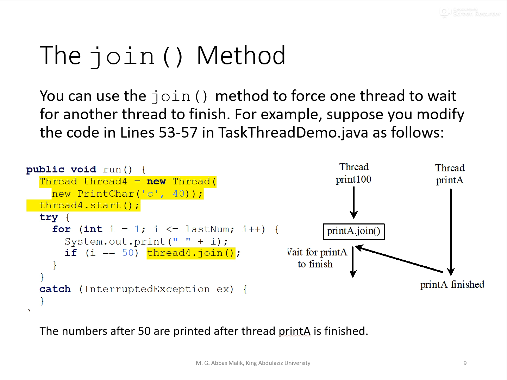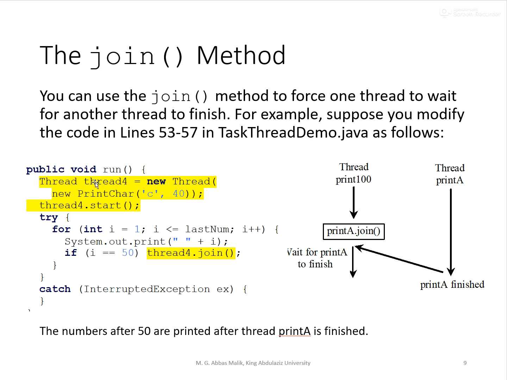Another thing, this is helpful if you want to synchronize the execution between different threads. So for example, you have the print100 thread over here, and you have the printA thread over here. What you could do is add some code inside the run method.